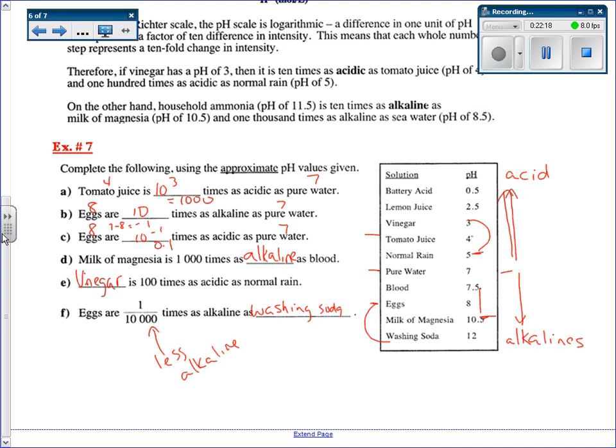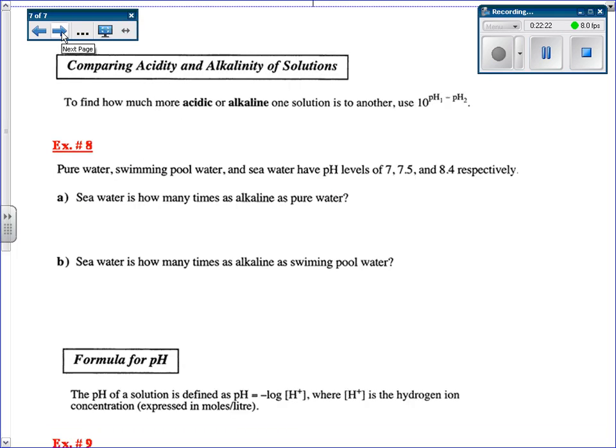Okay. So then we can compare acidity the same way we could compare decibel level as well as Richter scale. So we just use 10 to the power of pH 1 minus pH 2 will tell us the difference in intensity. So pure water has a pH of 7, swimming pool water is 7.5, and seawater is 8.4. So seawater is how many times as alkaline as pure water?